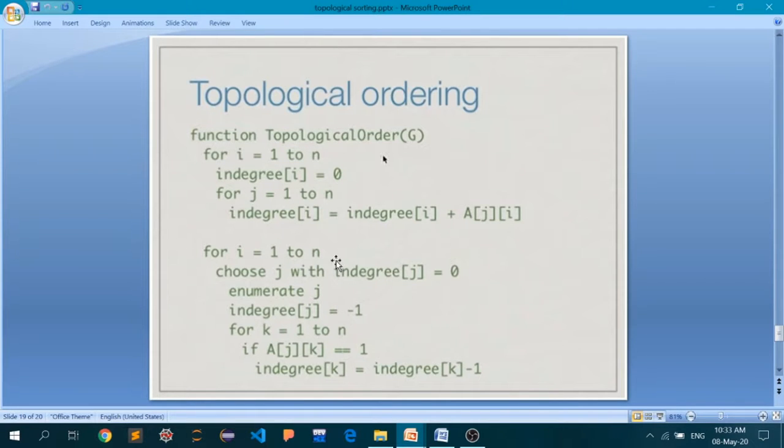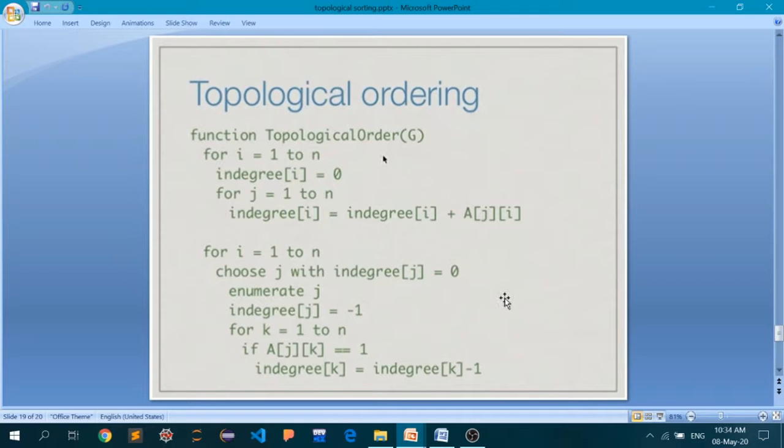Now this particular in-degree of j equal to 0 has been calculated by this first half of the algorithm. As we have selected that particular j, now we will enumerate it. Enumerate means we will complete whatever task is assigned to us, as we can link it to many day-to-day problems. Now I have to delete this particular vertex from the graph.